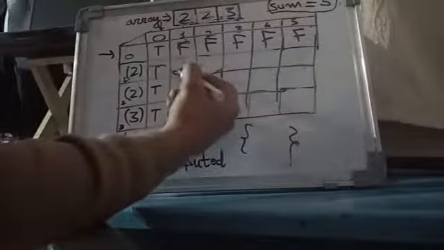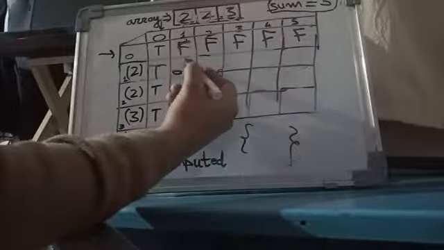If the element is greater than the sum, then if I take that element, the sum will obviously exceed. So here also I get false. So I'll take the logical OR of it, and give the answer false.